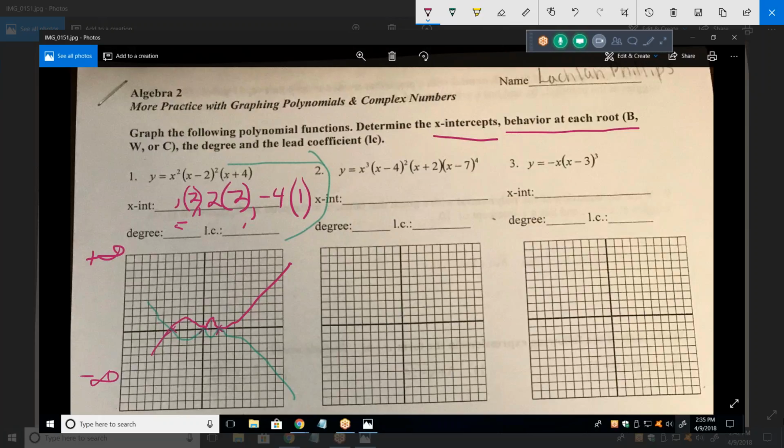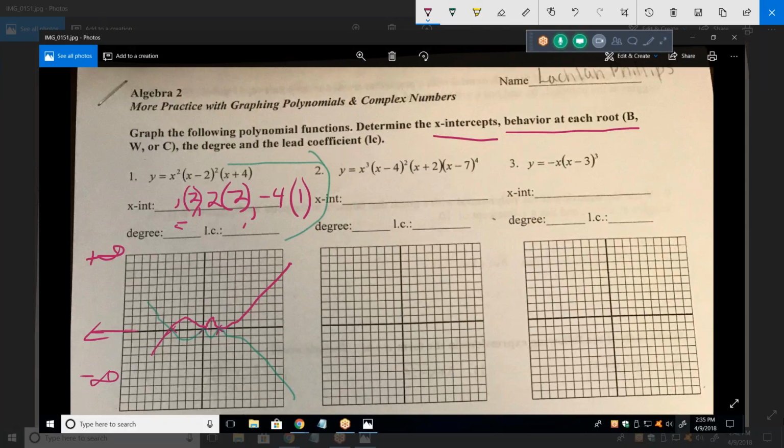How do you figure that out? Would it be by the leading coefficient? Well, what you really do is, since we're looking in this direction, we're looking for left-hand end behavior. We're going to substitute negative infinity for x.